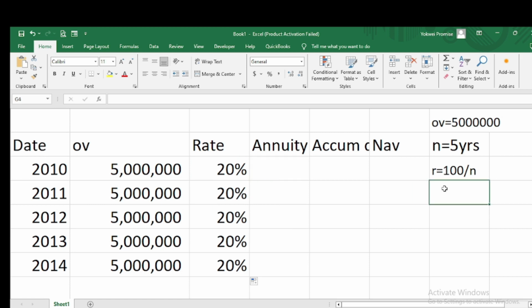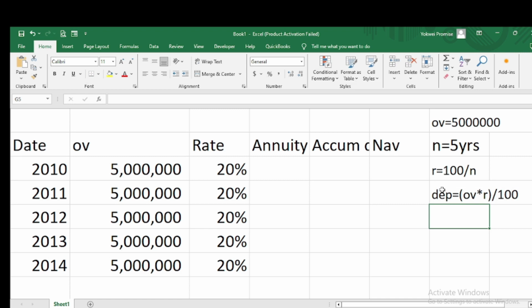So our annuity, which is A, or you say depreciation, or you say dip, is equal to the original value times R, which is our rate, divided by 100.